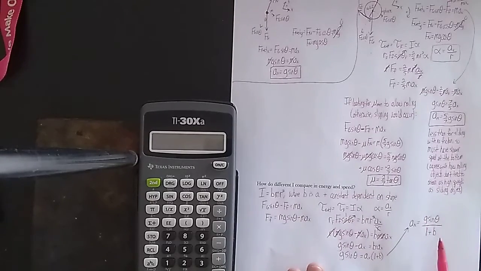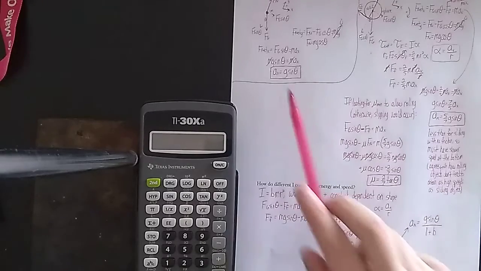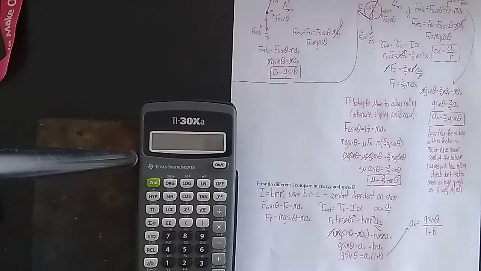Remember that b must be a positive constant. So for any of these objects as they roll down the incline, 1 plus something positive is going to be greater than 1. We're going to be dividing g sine theta, the acceleration for sliding, by a number greater than 1. That's going to reduce the acceleration.